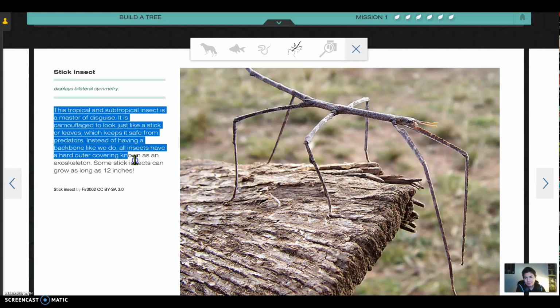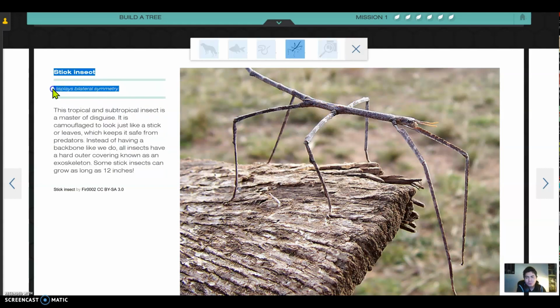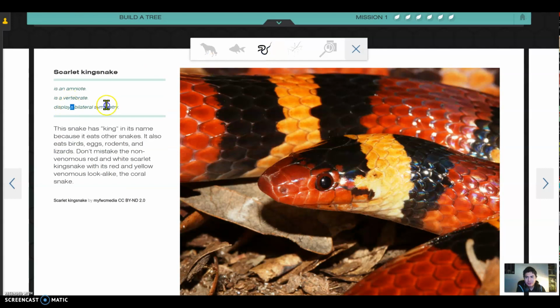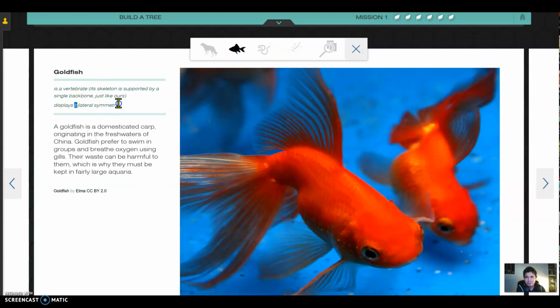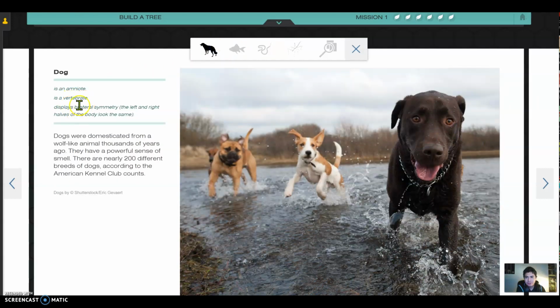Now there's some background information. You don't need to know it, but sometimes it's just really cool information. I didn't know this about stick insects. The most important part is: what is the trait that is shared with these other organisms? Take a look at the snake. Bilateral symmetry. Fish, bilateral symmetry. Dog, bilateral symmetry. What that means is the left and right halves of the body look the same.